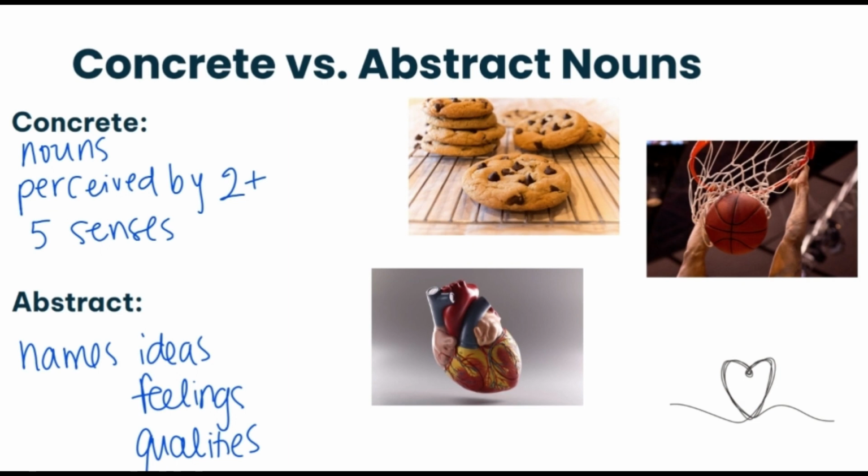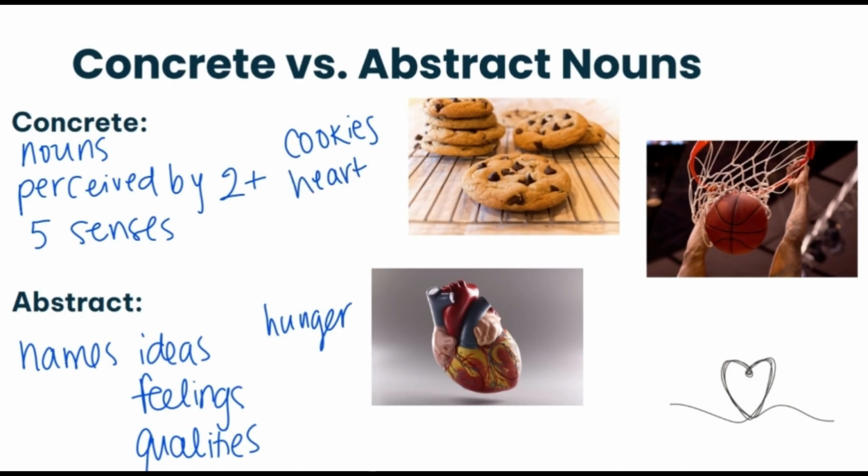Cookies, chocolate chip cookies that are cooking in the oven, you can smell them, you can taste them, or you can feel them. Those are going to be an example of concrete nouns. Now, the hunger that you might have in your stomach when you are smelling these cookies, that's going to be an abstract noun. If you are having open heart surgery, the surgeon can feel your heart, your human heart.